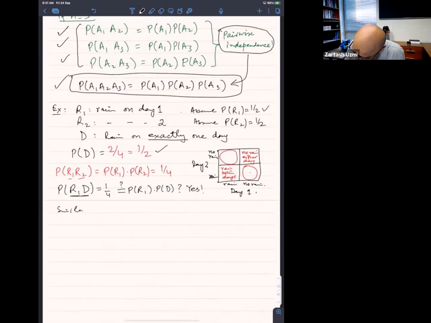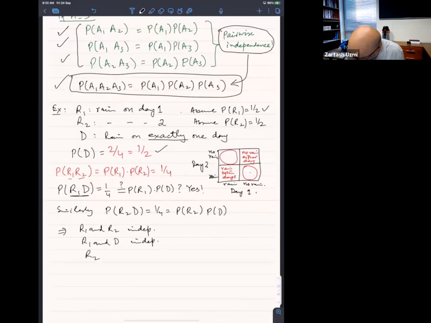Similarly, probability of R2D is equal to 1 over 4 is equal to probability of R2 into probability of D. Okay. So this implies that R1 and R2 independent, R1 and D independent, R2 and D also independent.